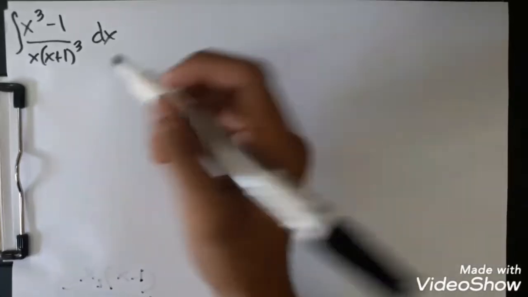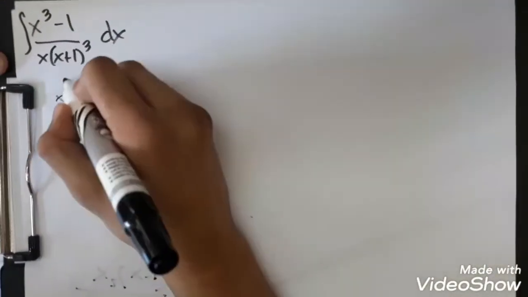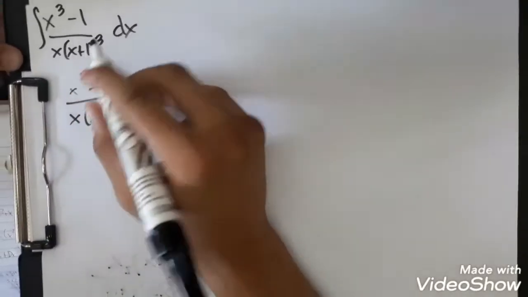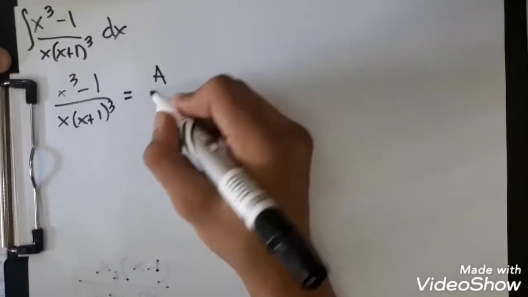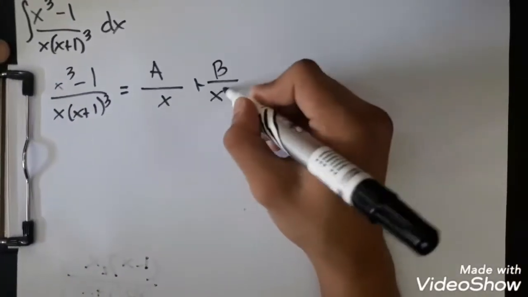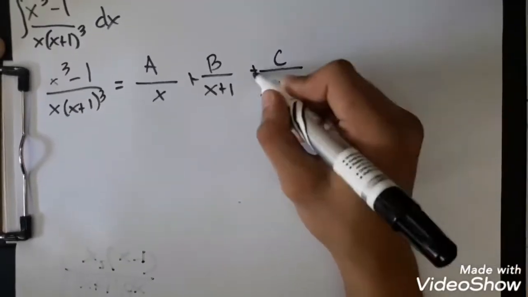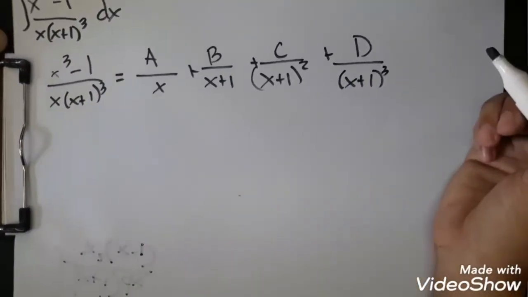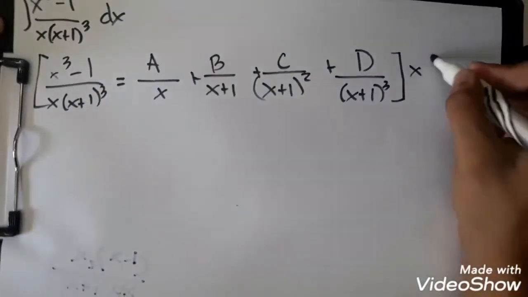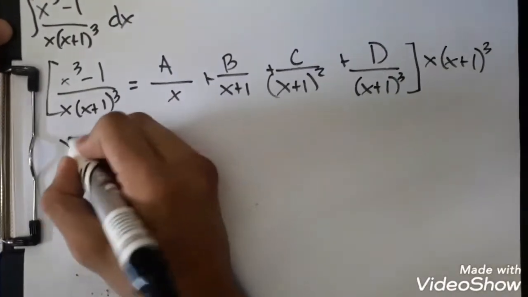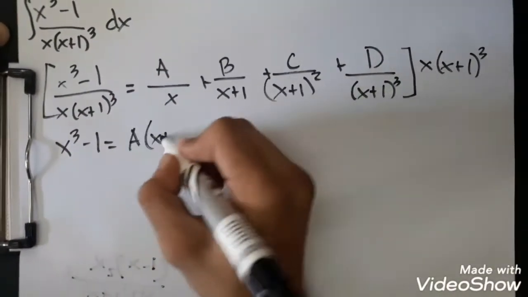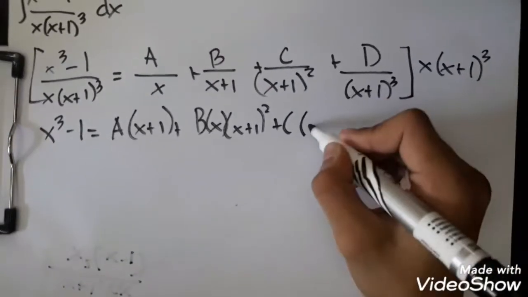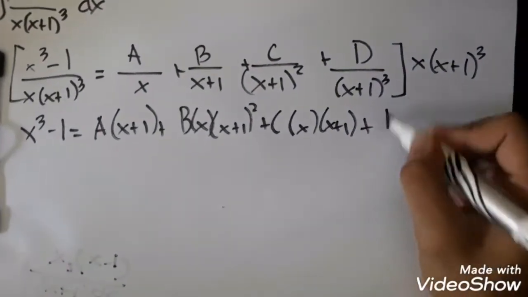Now we will just repeat what we did in the last problem by copying this: (x cubed minus 1) over x times (x plus 1) cubed equals a over x plus b over (x plus 1) plus c over (x plus 1) squared plus d over (x plus 1) cubed.